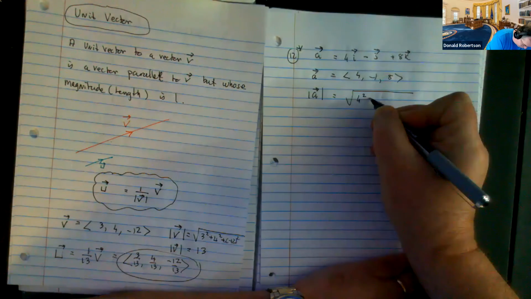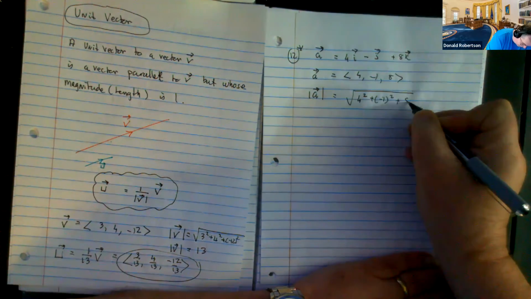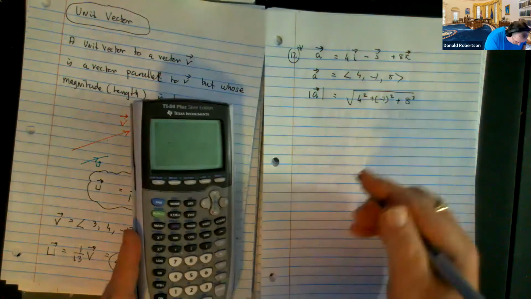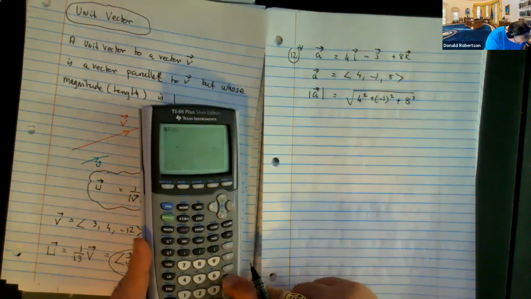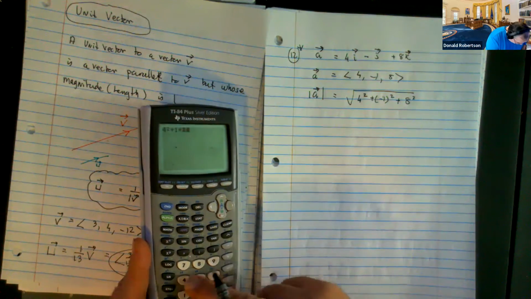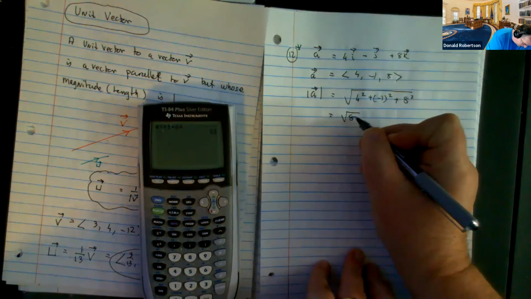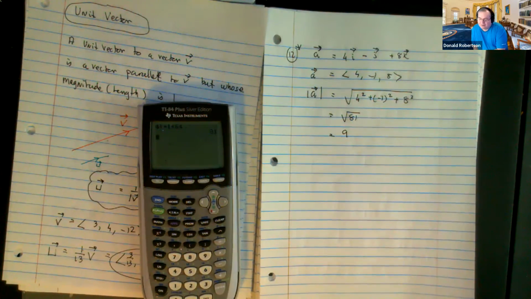So that's 4 squared plus -1 squared plus 8 squared. 4 squared is 16, plus 1, plus 64. Oh, they are good, aren't they? That's why you pick questions from there. It's a nice number, it's 9.